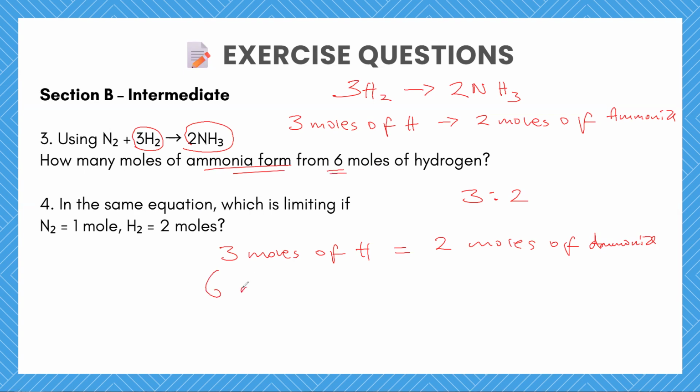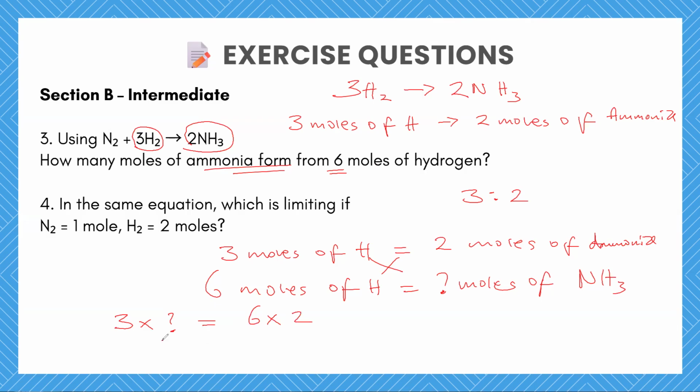So therefore, 6 moles of hydrogen produces an unknown number of moles of ammonia or NH3, whichever one you choose. So we can cross multiply from this point. So we have 3 multiplied by the question mark is equal to 6 multiplied by 2. So therefore, making this question mark the subject of the formula, we divide both sides by its coefficient, which in this case is 3.